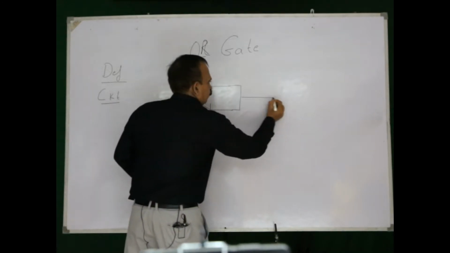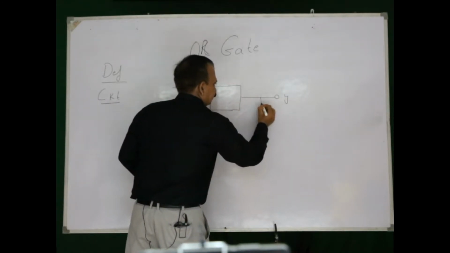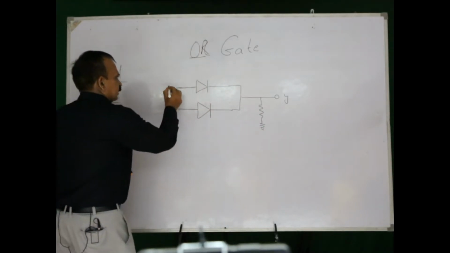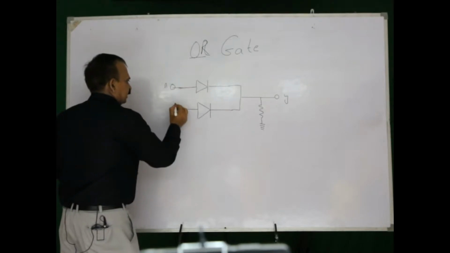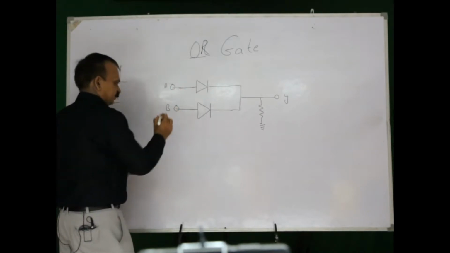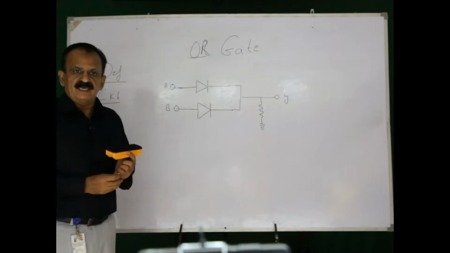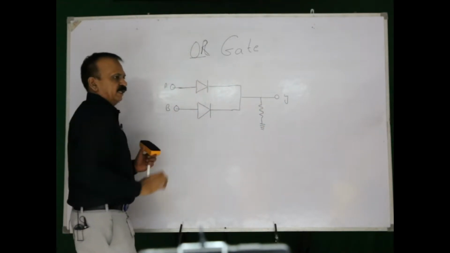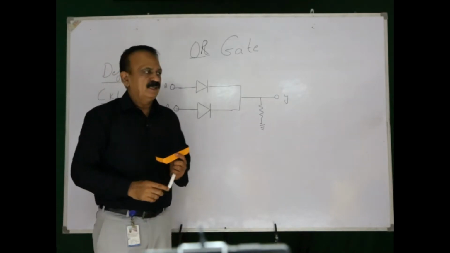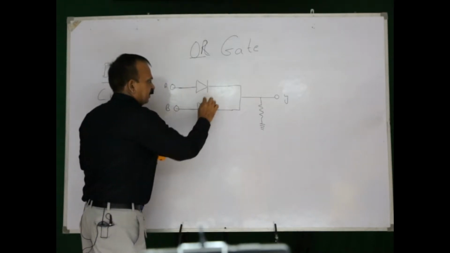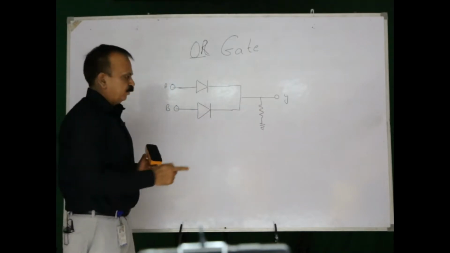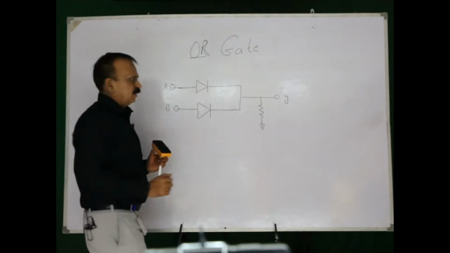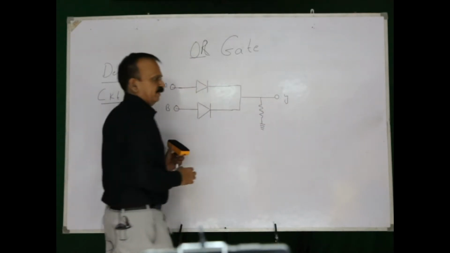This is connected to the output, and the output is Y. There are two inputs, say one input is A and the other input is B. According to this circuit, there is one output and two inputs A and B. The device used is a PN junction diode with this part as P and this part as N. The output is obtained at Y.